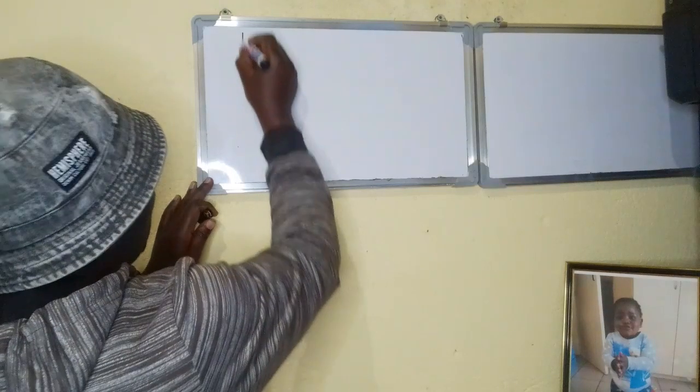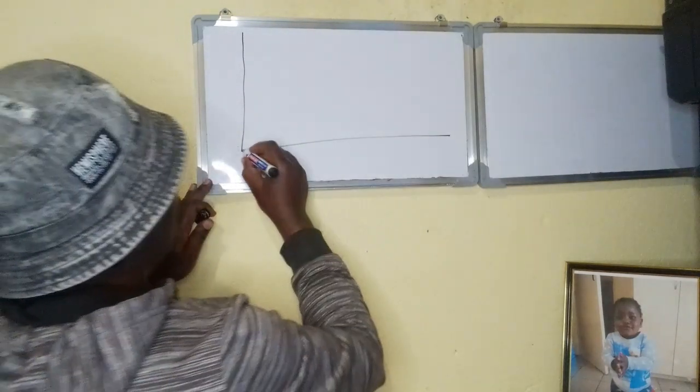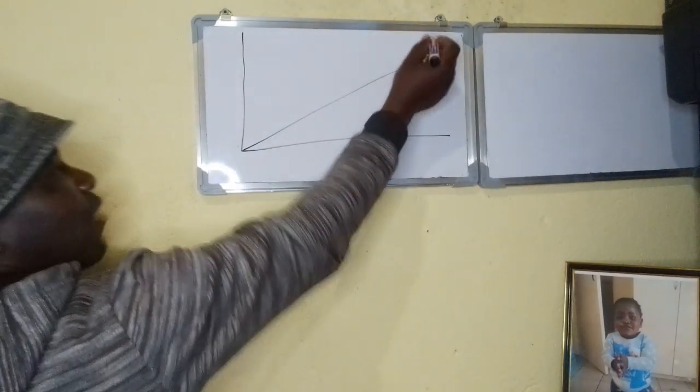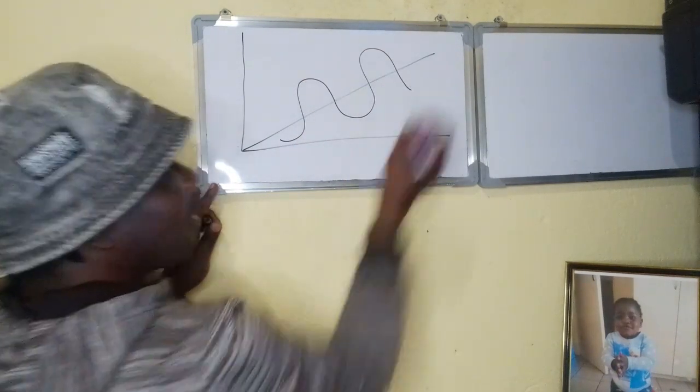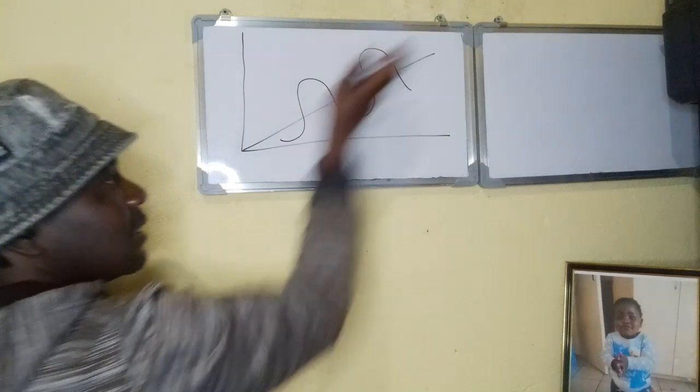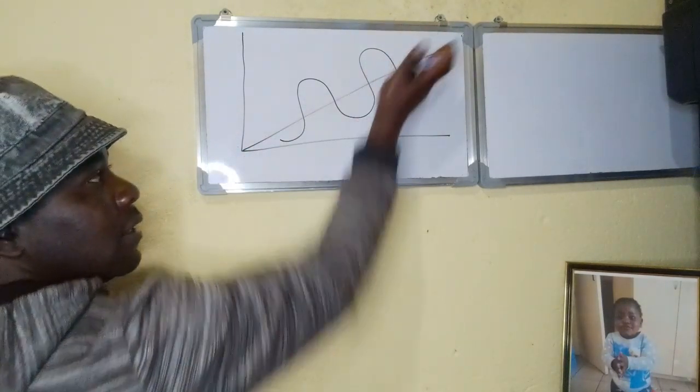And then as we measure economic growth, we also use the business cycle. This is the growth path of the business cycle. And then the economic activity goes like this. It's not constant.